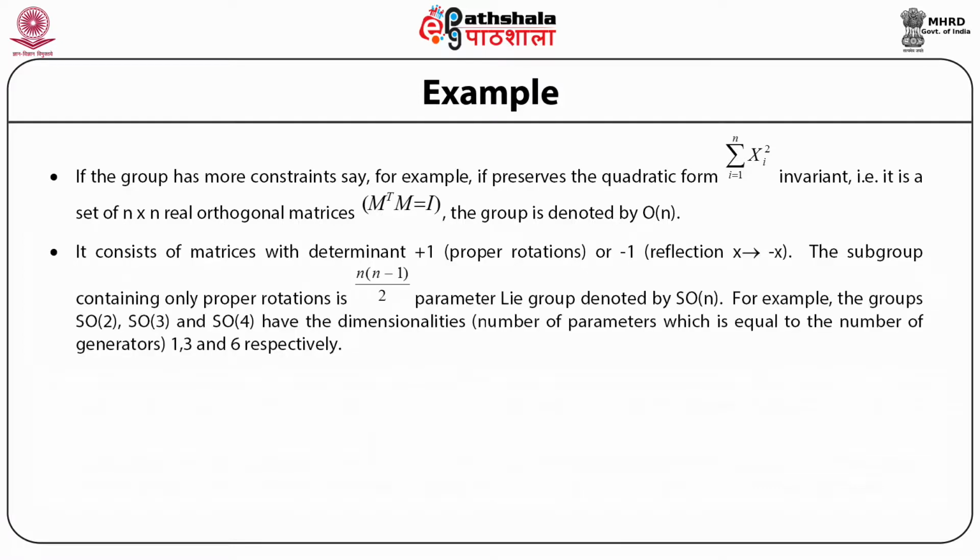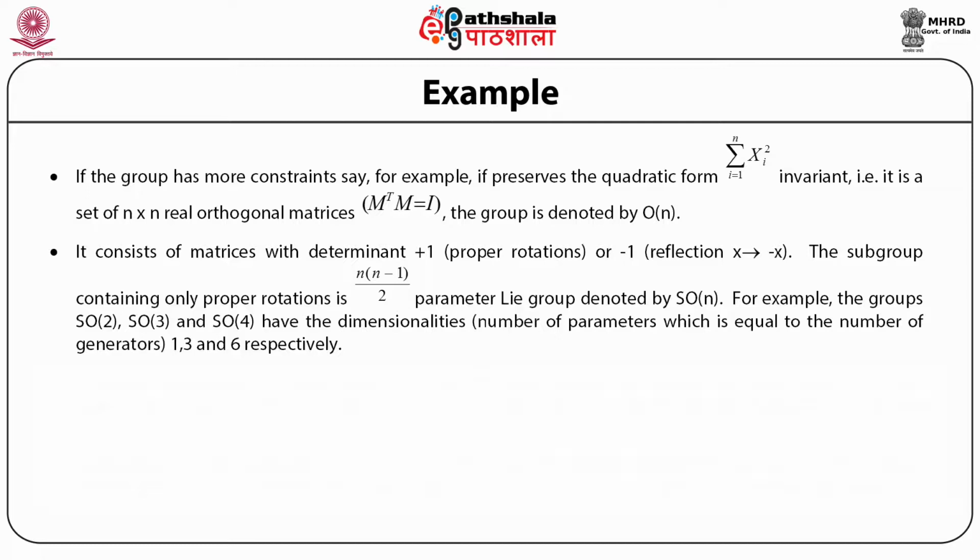It consists of matrices with determinant plus 1, which is called a proper rotation. If the matrix has determinant minus 1, then it represents a reflection, x goes to minus x. The subgroup containing proper rotations is an n(n-1)/2 parameter Lie group, which is denoted by SO(n).